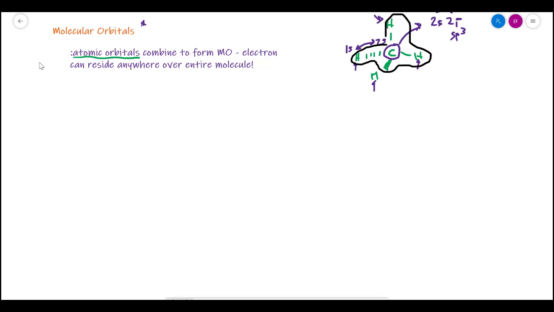In other words, if you remember from our discussion of quantum mechanics, that Greek psi, the wave function, was the mathematical wave description of where electrons or orbitals are in an atom, and if we squared that, that was the probability function, which is really the shape of the orbital. For molecular orbitals, the wave function shows the probability over the entire molecule.